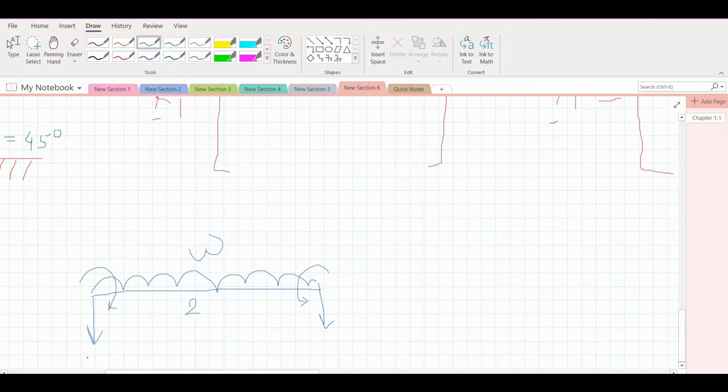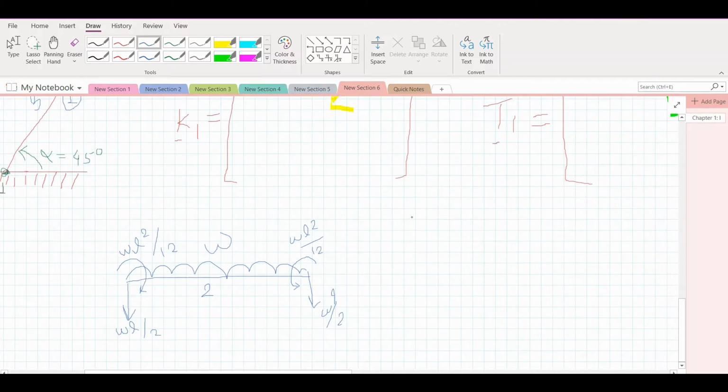This will be equal to omega L by 2. This is omega L by 2. This is omega L square by 12. This is also omega L square by 12. Now you can substitute these values here and obtain your force vector.